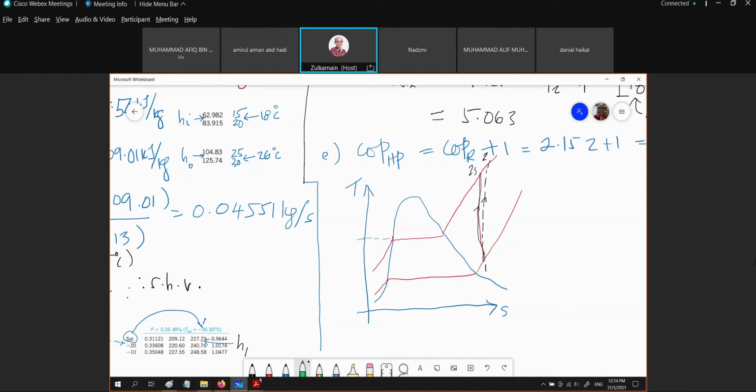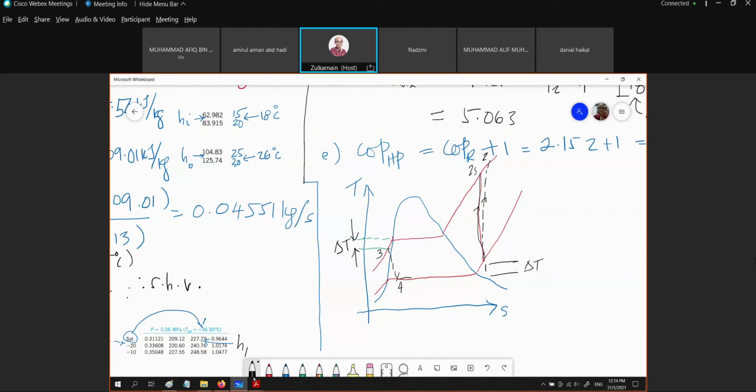Okay, this is the subcool. Then kalau ada subcool, this is our beginning of 3 to 4. This is 4. This is 3. So this is our degree of subcool. Yeah. This is our degree of superheat.